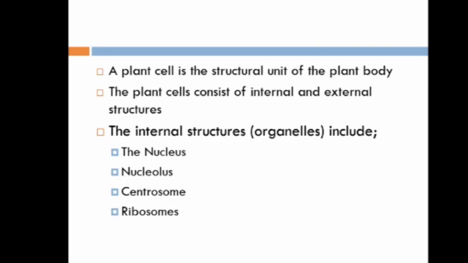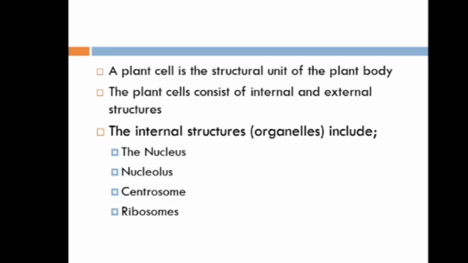The plant cell consists of internal and external structure, as I said in the previous slides. The internal structure consists of organelles. Organelles are specialized structures found inside the cell. So you can say internal structure or you can say organelles, the same thing.